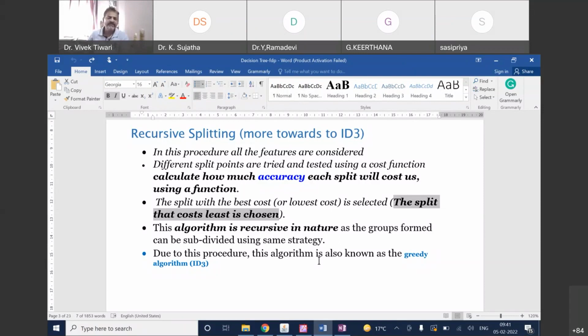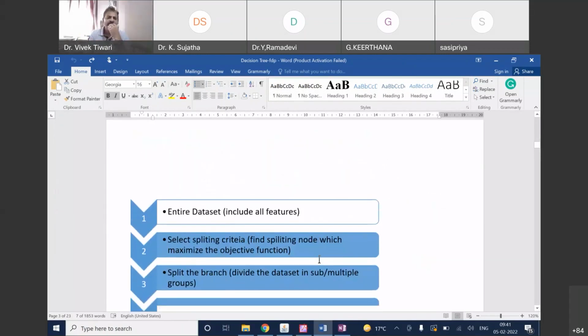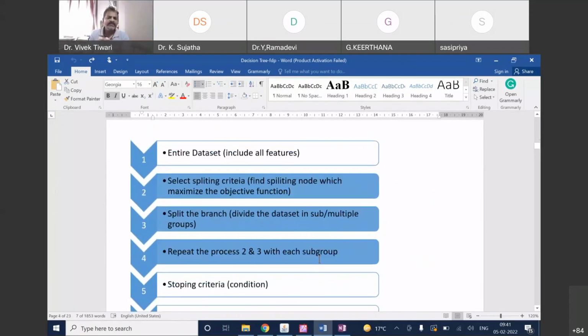Like Rijuji has written, some may use entropy, some use information gain, some use the Gini index; many options are there. So based on the different internal cost function and splitting criteria, the algorithms have a different nature.